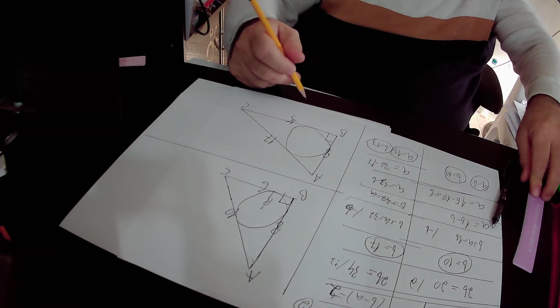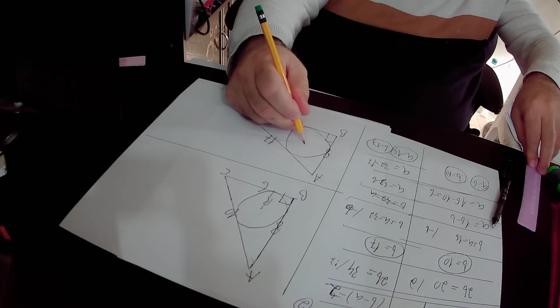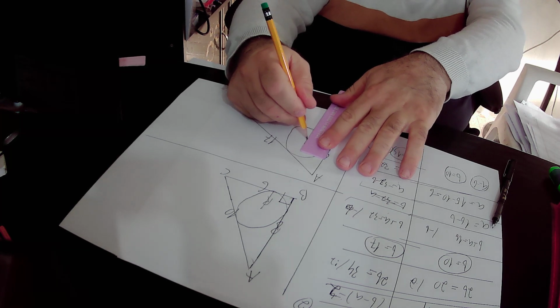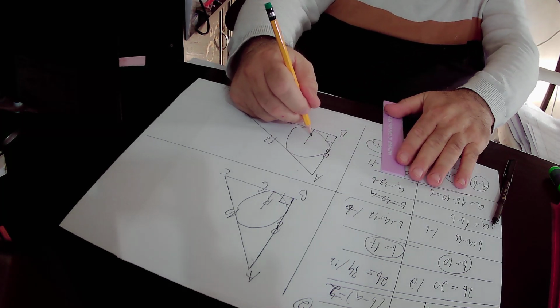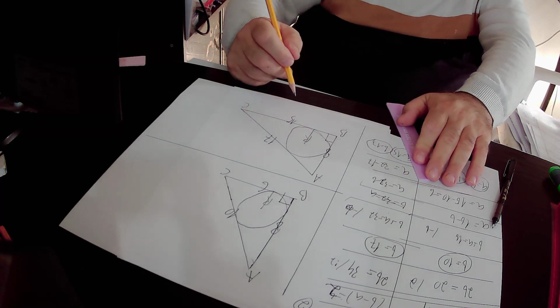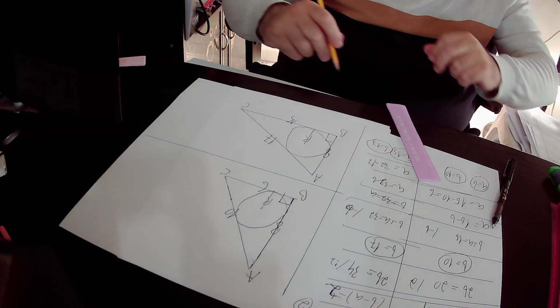And our mission is to find out the radius of this circle that is described by this specific right triangle, triangle ABC.